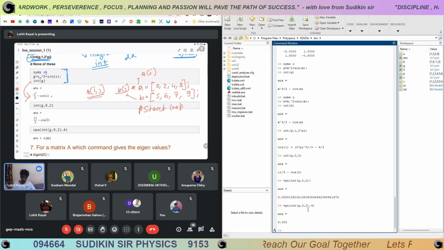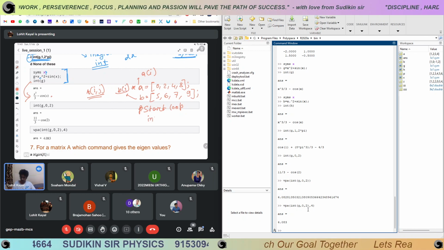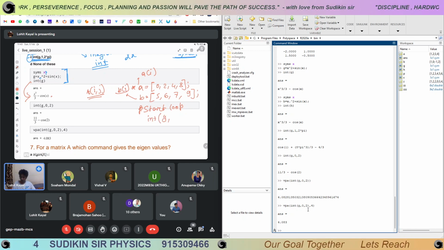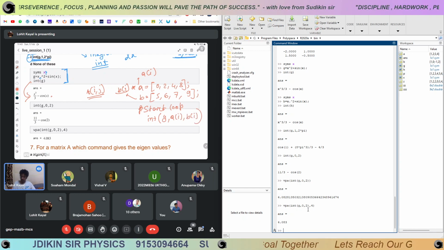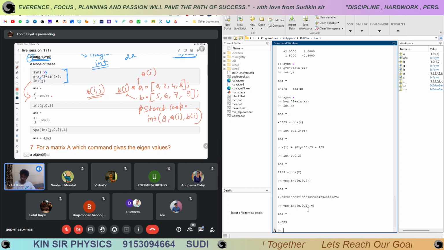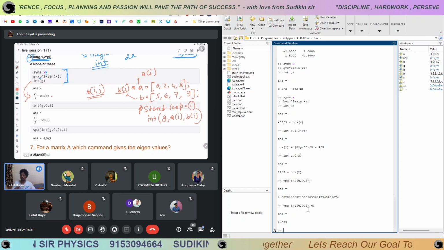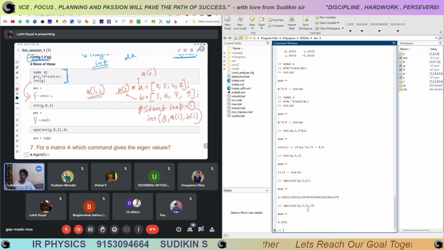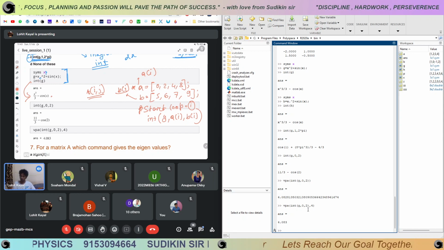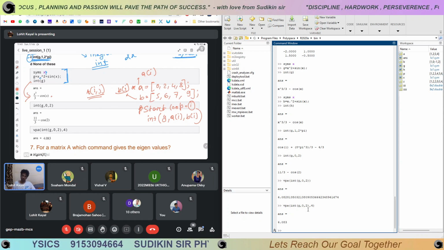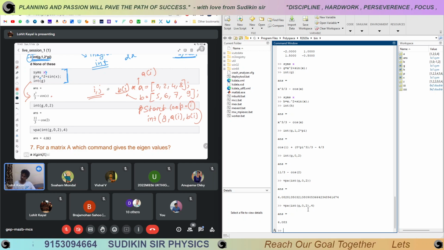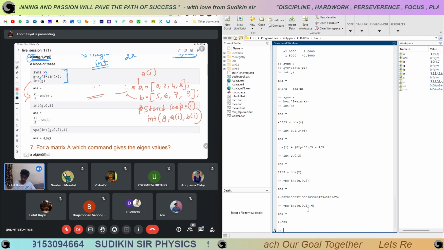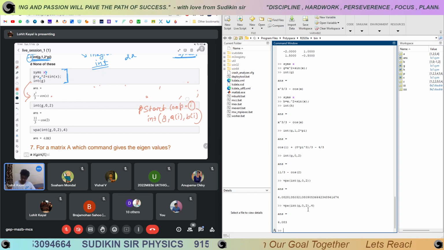So how will you do it? It will be int g comma A of i, B of i, and the loop is on i. It will repeat with i being 1 the first time, then 2, then 3, then 4, and every time you will get the result. It is very simple. When you learn loops, you can do it very easily. I will show that example when we discuss loops.